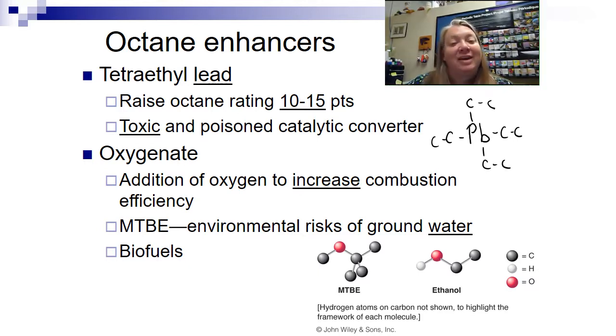But you still have this idea that you want to have as high of an octane rating as you can. So what else can you put in? What other additive can you use? So then they started looking at what are called oxygenates. Oxygenates include lots of oxygen in a compound to help increase combustion, because remember, to burn something you have to have oxygen. Well, one of the ones they used was MTBE.